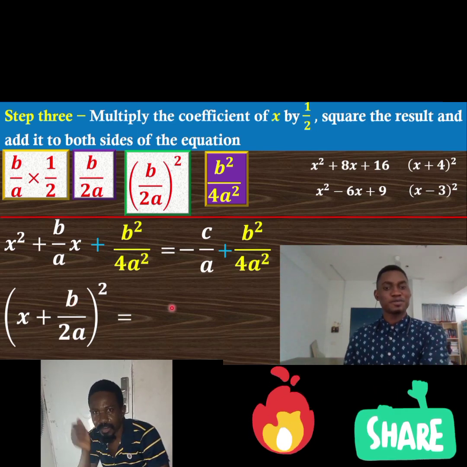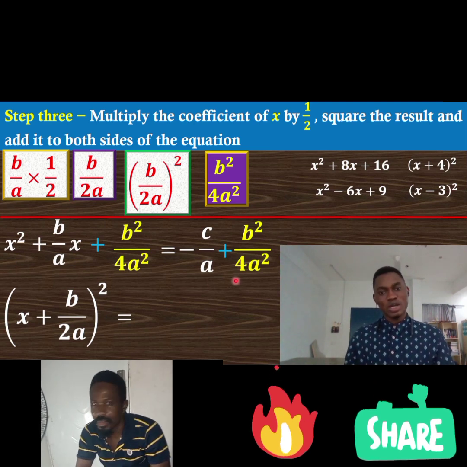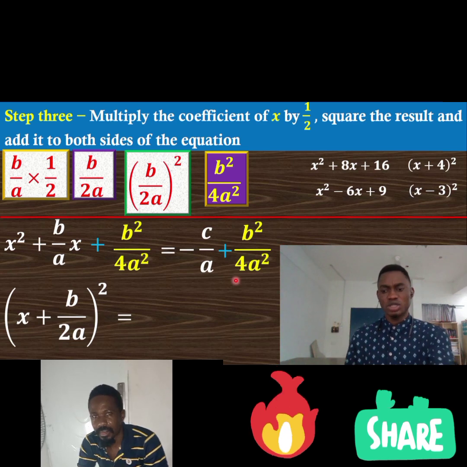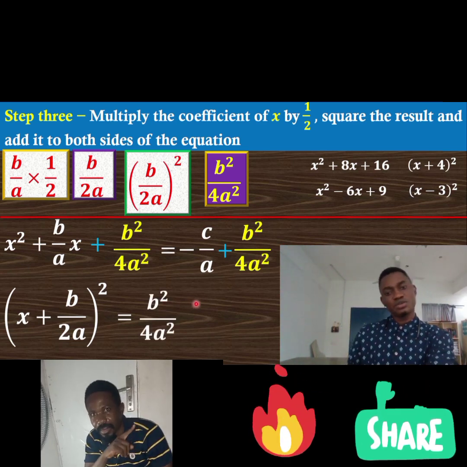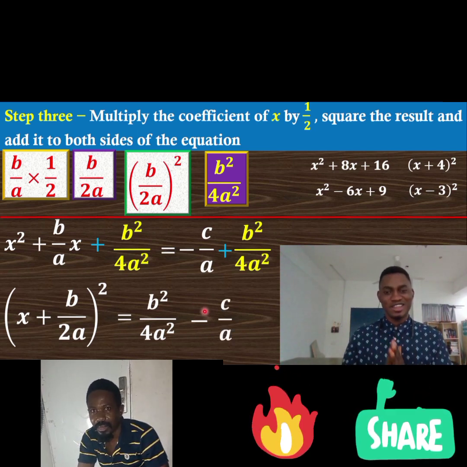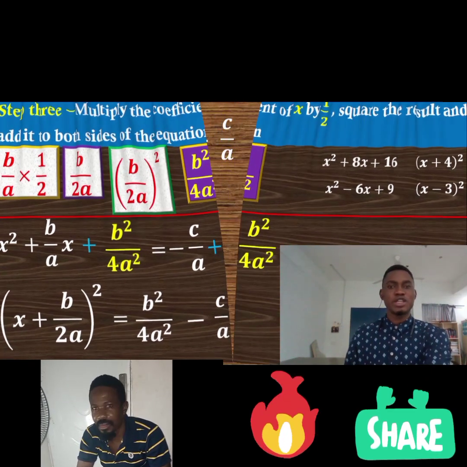Let's look at the right hand side of our equation. We can rearrange the right hand side to make it look neater. So b squared over 4a squared can come first, followed by minus c all over a. Let's continue in the next page.